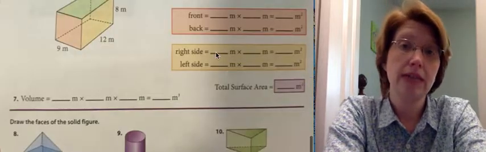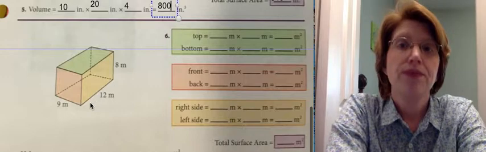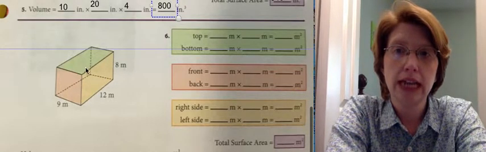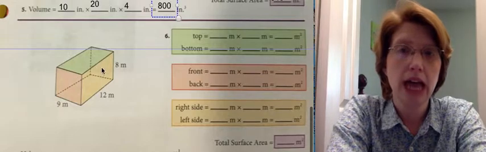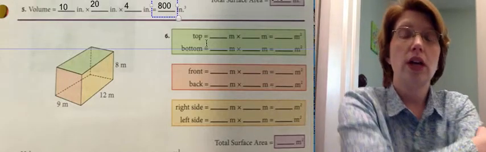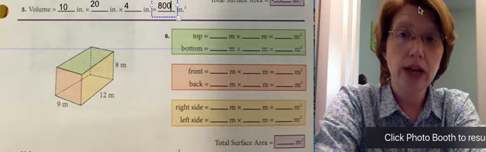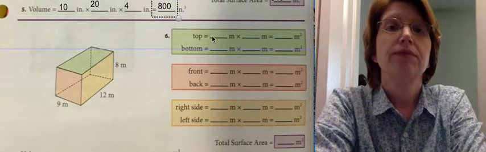You're going to do the same exact thing here for this one. Now make sure you know this is 12. This one is 8. This way is going to be 9. So for the top, for the green, it's going to be 12 by 9.